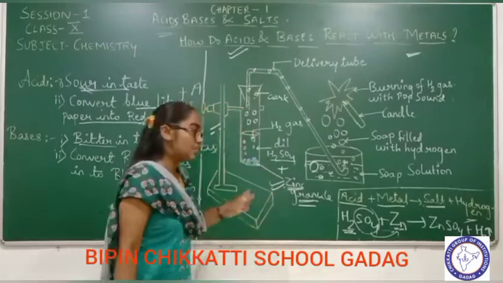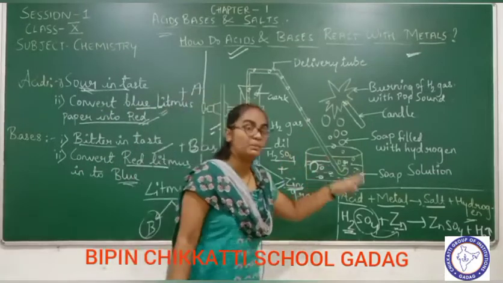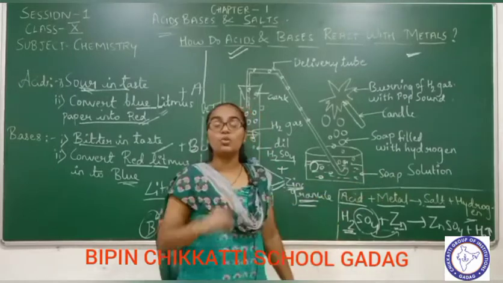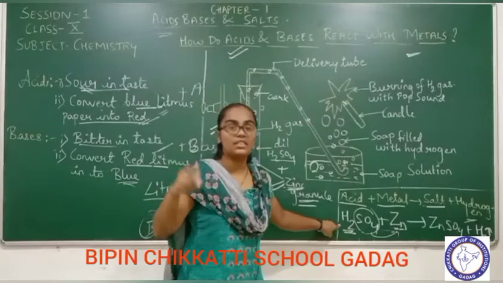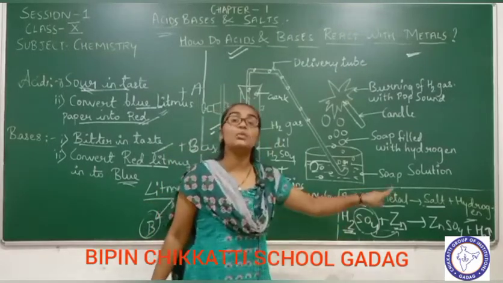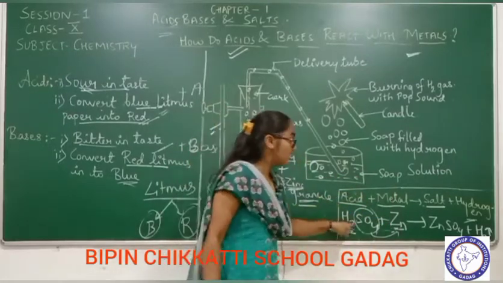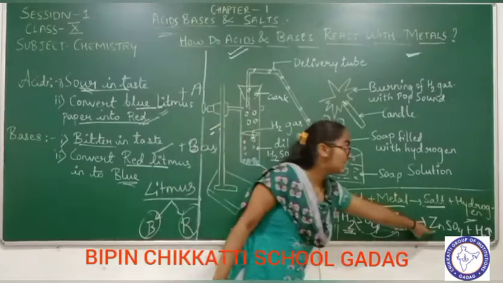So that was the experimental setup, showing that when acid reacts with a metal, it forms salt and hydrogen gas. Which acid did we take here? We took sulfuric acid, and the molecular formula for sulfuric acid is H2SO4. When this sulfuric acid reacts with zinc, the zinc metal displaces the sulfate ion to form a salt called zinc sulfate.